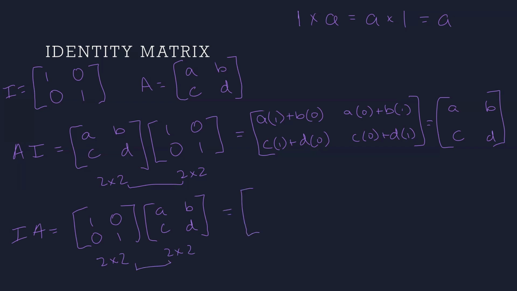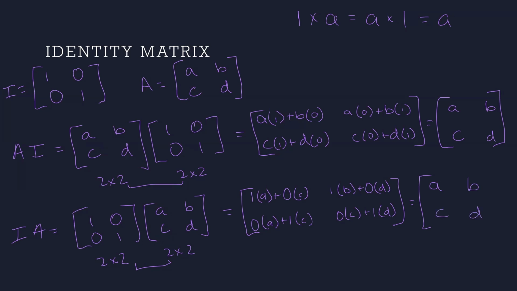Doing it this way, first row, first column, I get 1 times A plus 0 times C. Second row, first column, 0 times A plus 1 times C. First row, second column, 1 times B plus 0 times D. Second row, second column, 0 times B plus 1 times D. Simplifying those, again, I get A, B, C, and D. So I also get matrix A back.